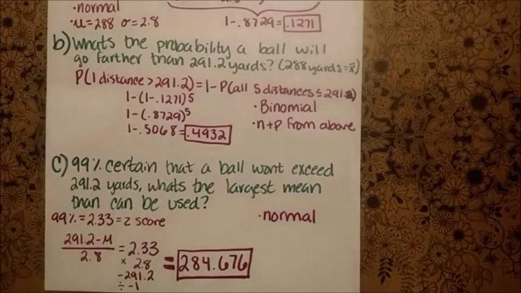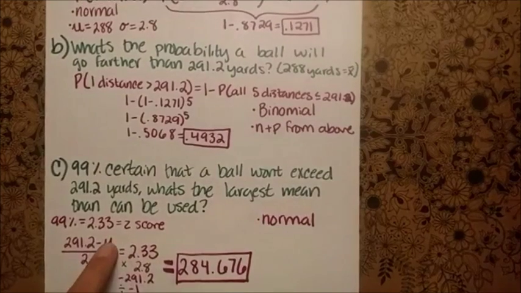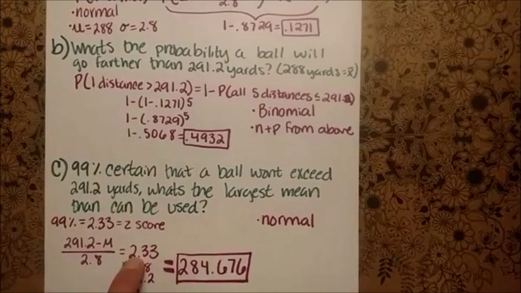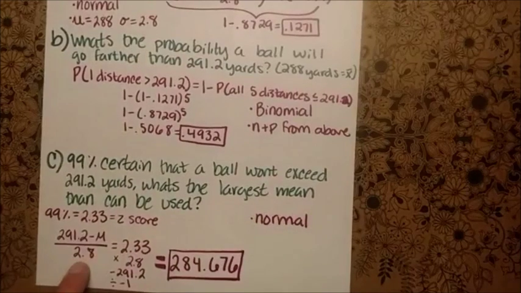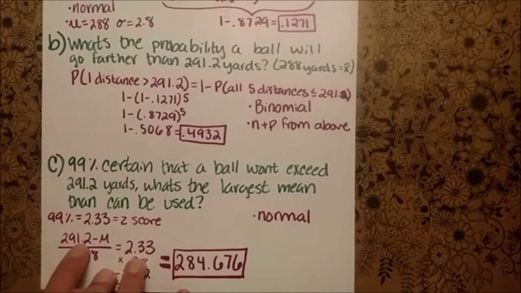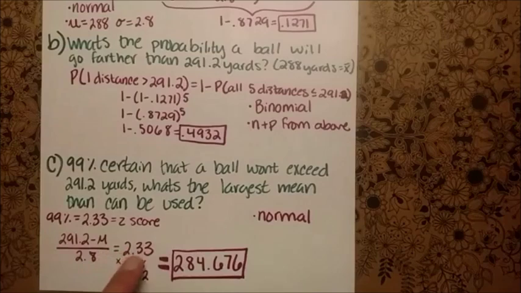So the z-score of 99% is 2.33. You use that in your problem, because normally you would try to find the z-score, but now you're trying to find the mean. So you're going to do the little z-score over here, and then put in your standard deviation and your other mean, like the yardage that it can't exceed. Then you're going to try to figure out this.